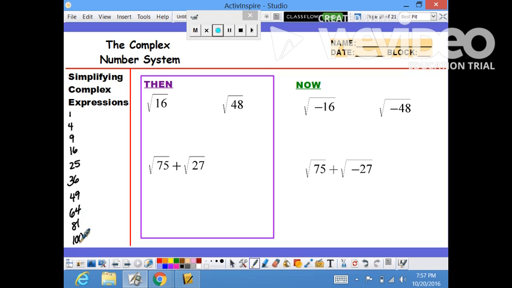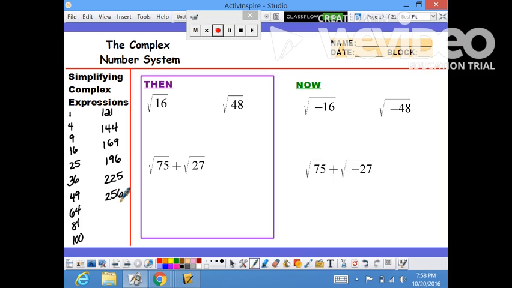But you don't stop at 10, because now we're in high school. We're in Math 2. So let's go 11 times 11, 12 times 12, 13 times 13, 14 times 14, 15 times 15. You can even go to 16 times 16, which is 256.